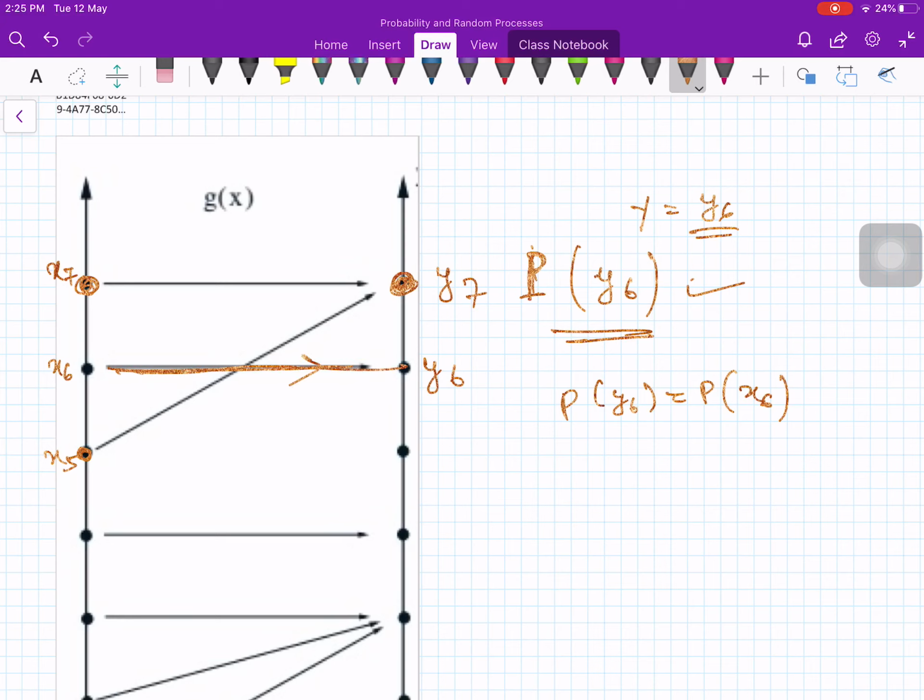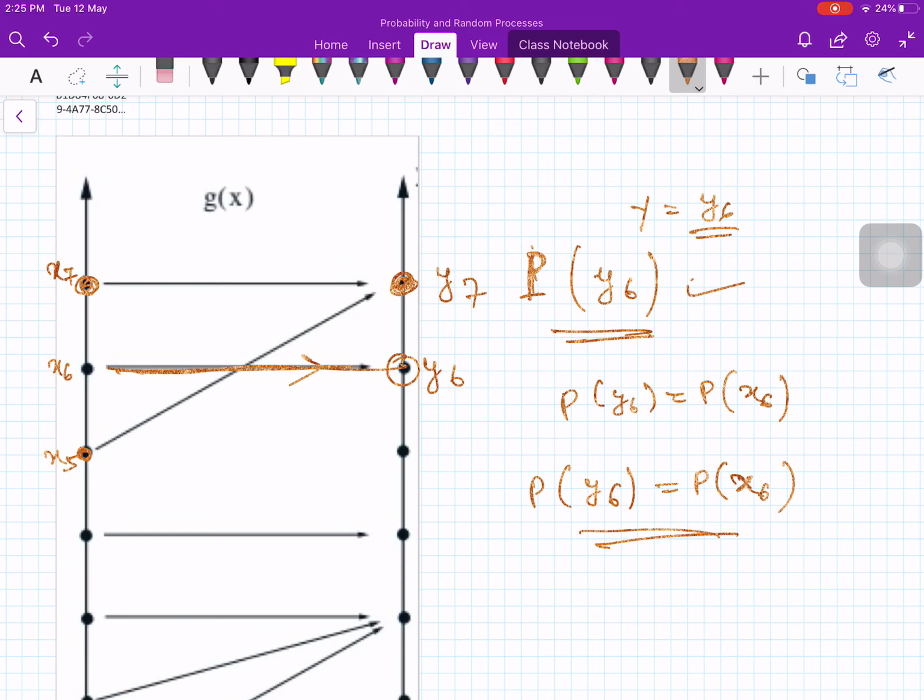There is no other event. So I can find the probability of y being y6 in terms of the probability of x being x6. Both are the same.